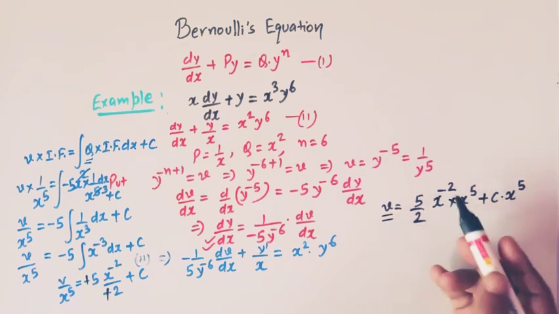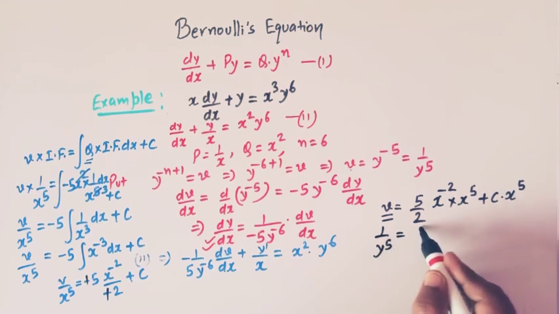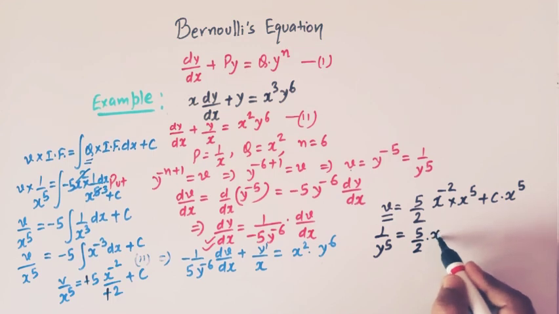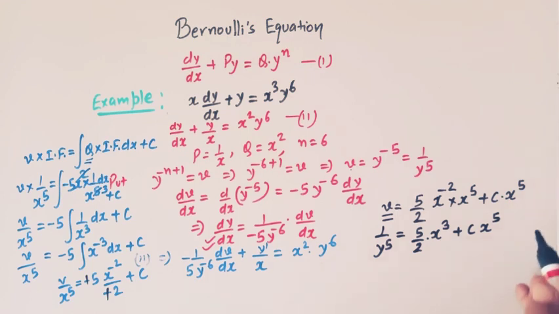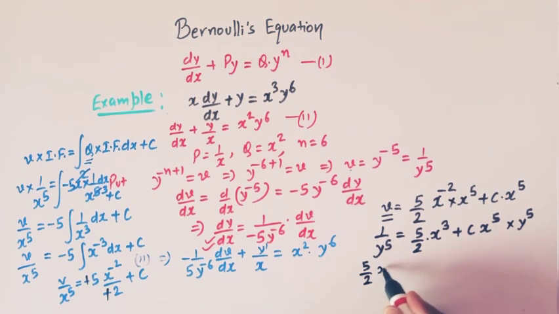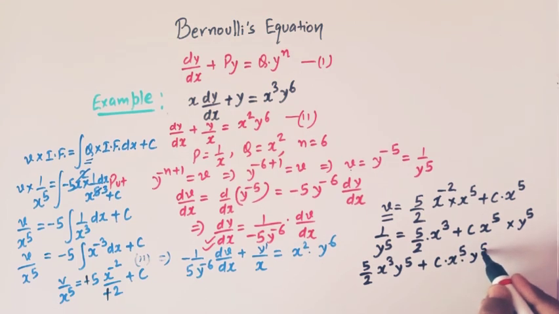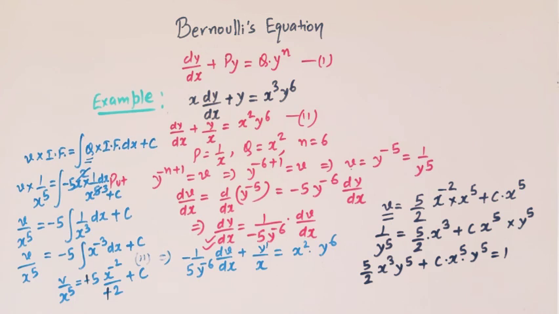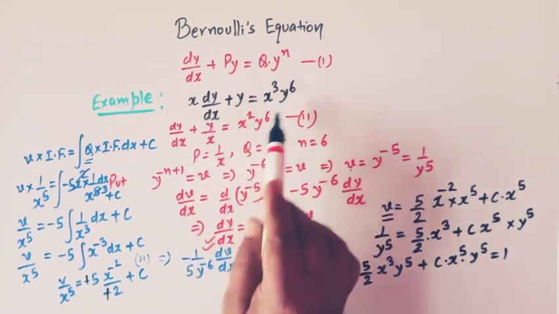So for v we can write 1 over y raised to 5, and here we have 5 by 2 times x cube plus c x raised to 5, and multiplying throughout by y raised to 5, we further get 5 by 2 x cube y raised to 5 plus c times x raised to 5 times y raised to 5 is equal to 1, right? So this is the required solution of this differential equation.